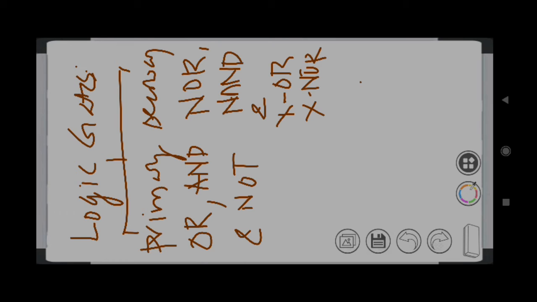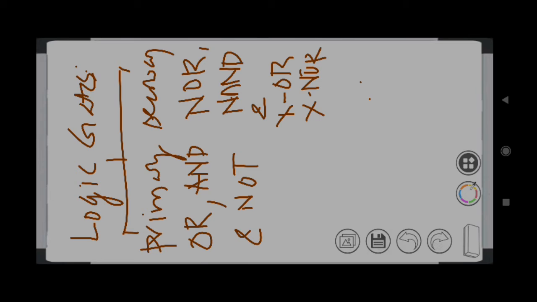Now, the operation of these logic gates is represented by a truth table. We write both the input and output values in these truth tables. The first one or two columns will be the inputs of any gate, and the last column will be the output of the gate.